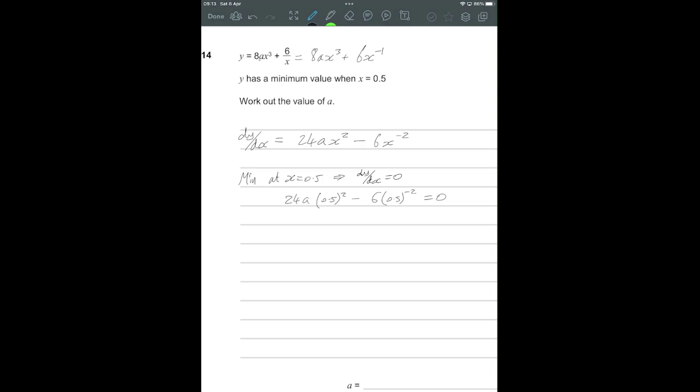It's arguably nice to leave things as fractions, it often is. 0.5 squared, or a half squared, is a quarter, so 24a times a quarter is 6a.